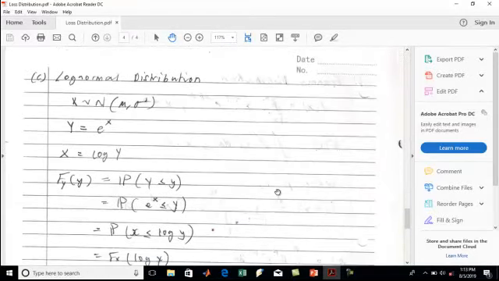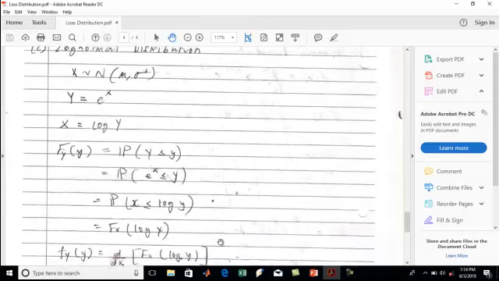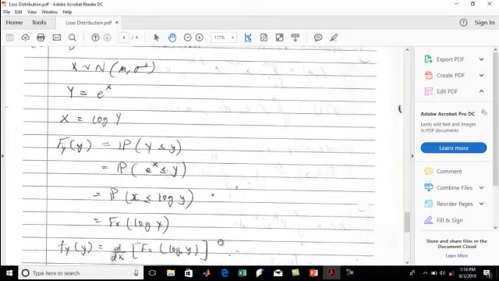Given x follows a normal distribution with mean mu and variance sigma square, letting y equal to e power x, this becomes x equal to log of y. When I find the cumulative density function of y, I have the probability of big Y being less than or equal to small y. Substituting y with e power x, that is the probability of x being less than log of y.